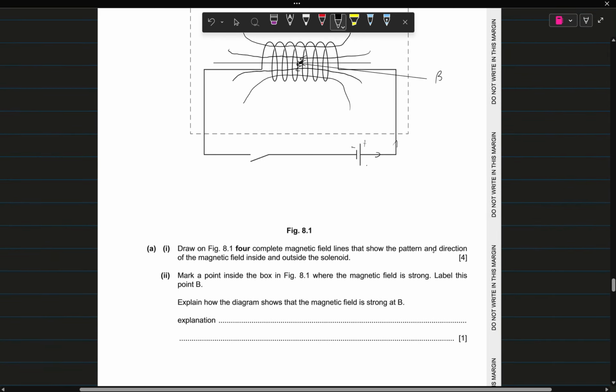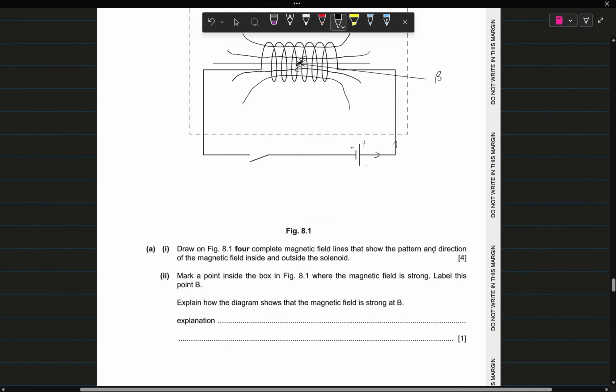So, the explanation will just essentially be like so. The magnetic field lines are close to each other. Hold on a second because my tablet lagged. The magnetic field lines are close to each other.